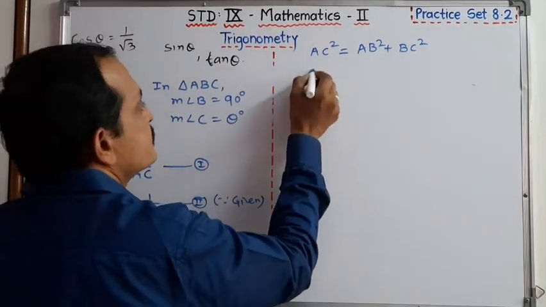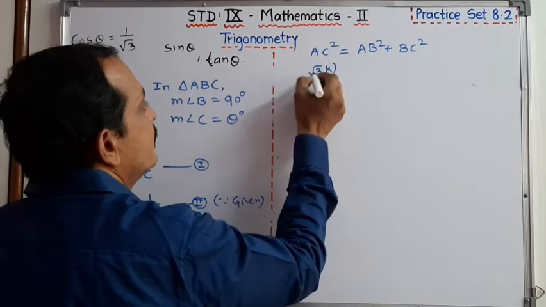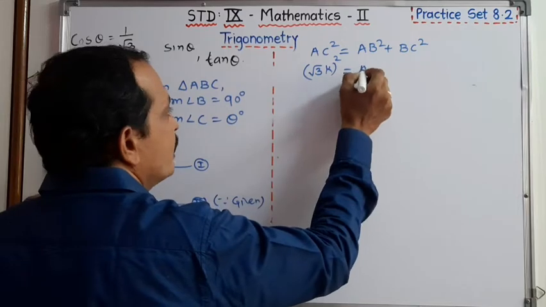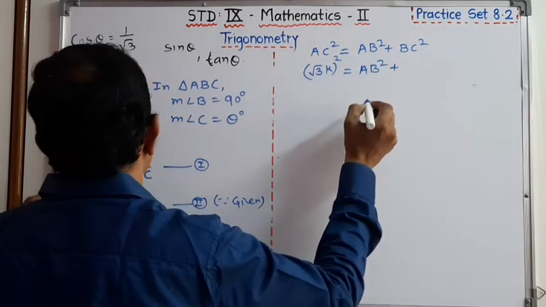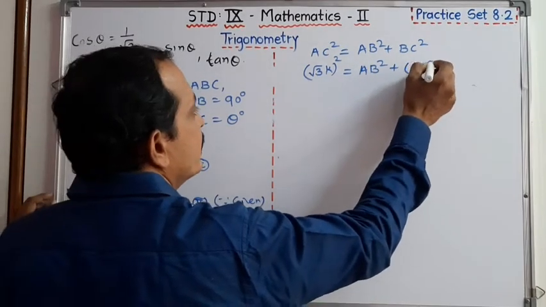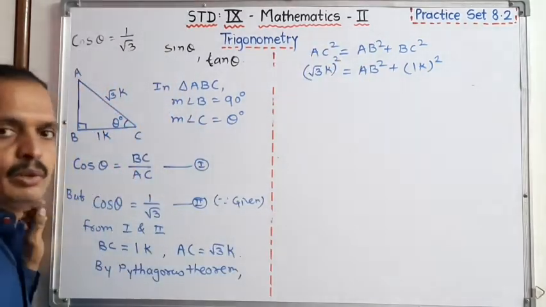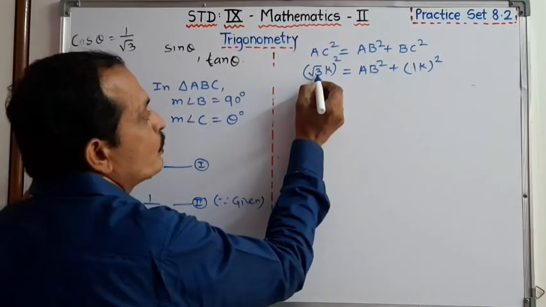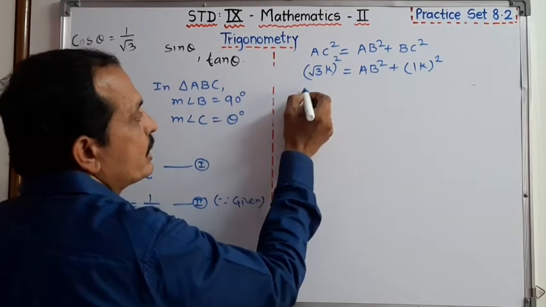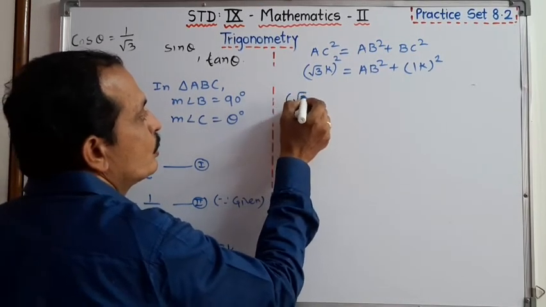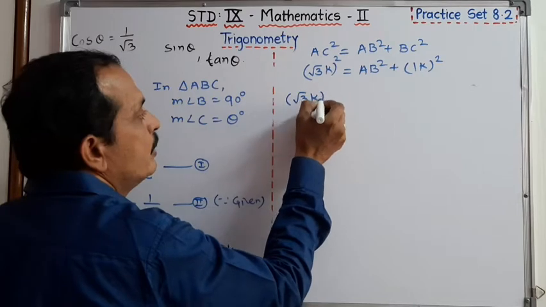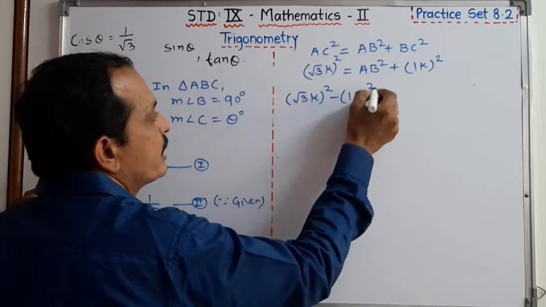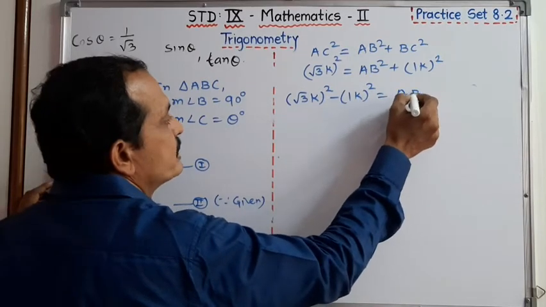Now AC means (root 3K) bracket square, AB we have to find out, plus BC, that is (1K) bracket square. Remember, we have to write it in a bracket and then square. See dear student, (root 3K) bracket square minus (1K) bracket square is equal to AB square.